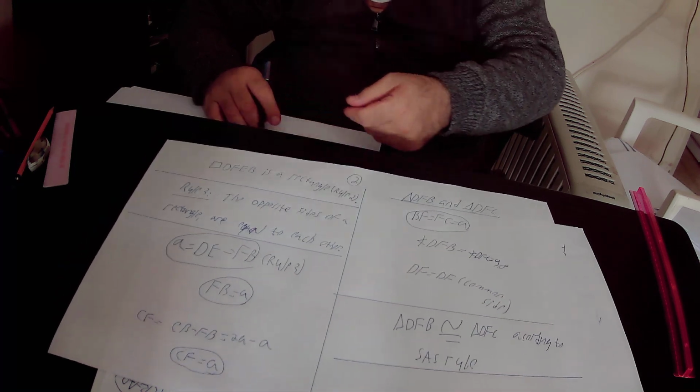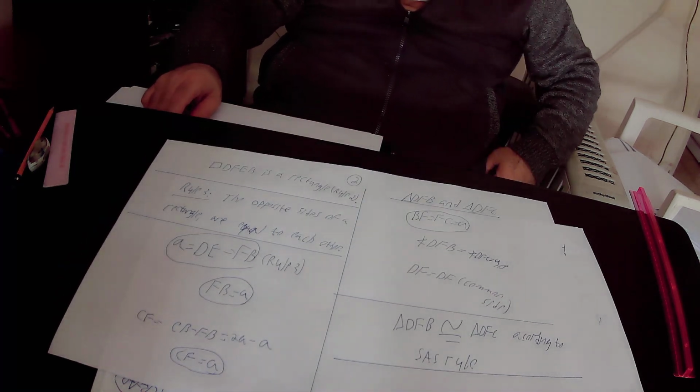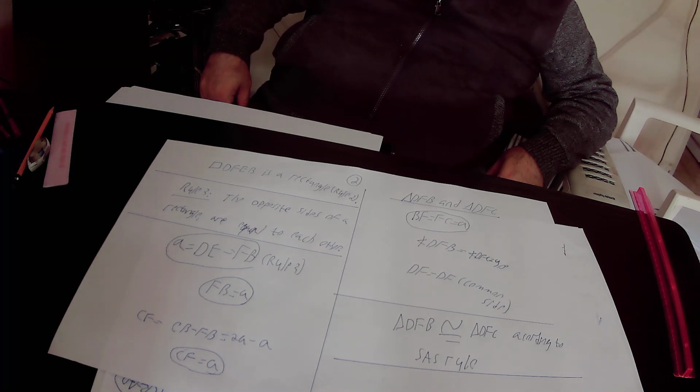I'll repeat again. We actually proved the triangle DFB is congruent to triangle DFC according to the side angle side rule.